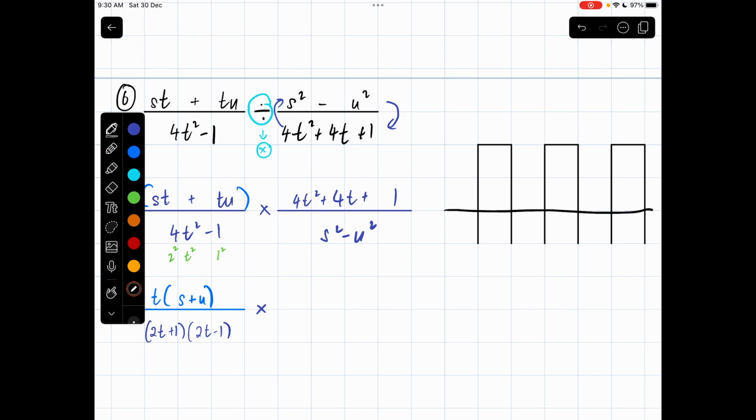Put the line over here. And then the first part is 2t, 2t. You will have 2t times 2t, because 2 times 2 is 4 and t times t is t squared. You have 4t squared. And then we will have 1 times 1, because that's the only way you can get positive 1.